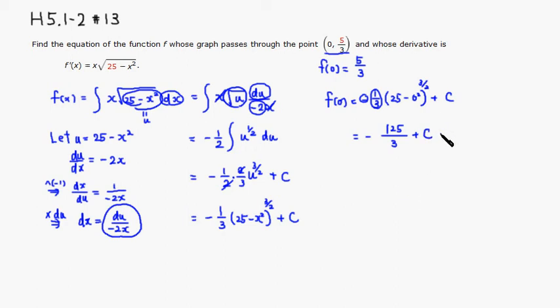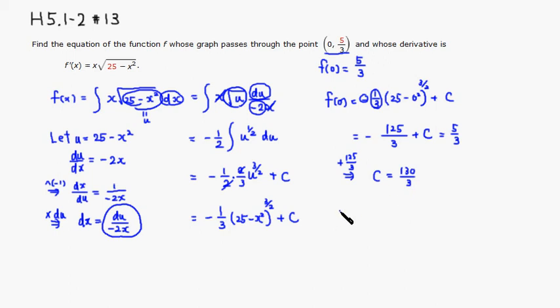This is supposed to be 5/3, which means we can find c by adding 125 over 3. So c is equal to 5 plus 125 over 3, which is 130 over 3.